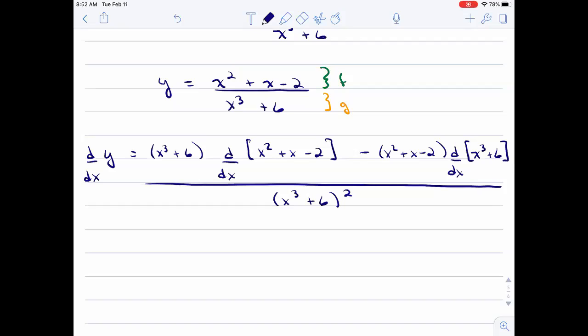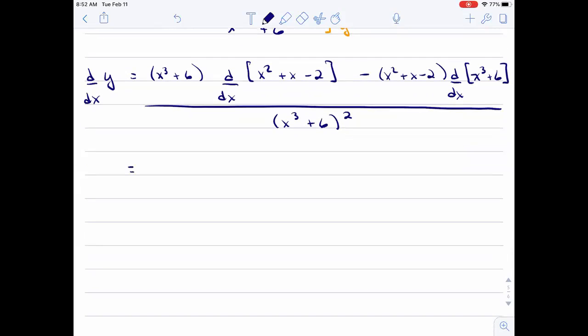This is the quotient rule? Yeah. Like I said, there will be cases where we will expand it and try to get something out of it. But most often, nothing really happens down there, so we just keep it.